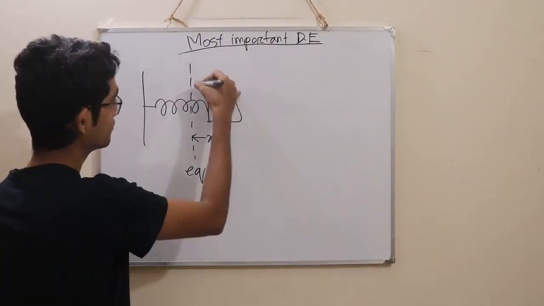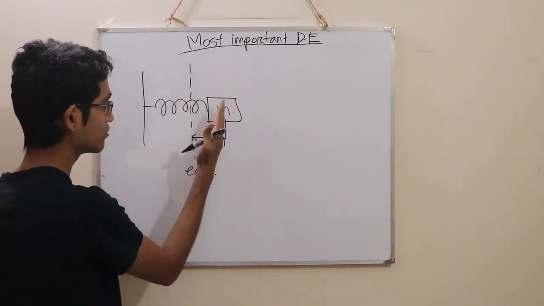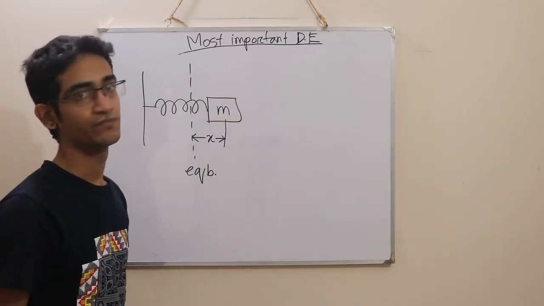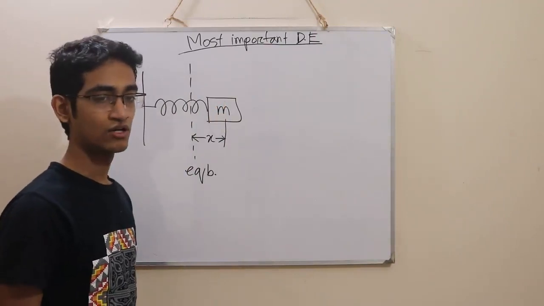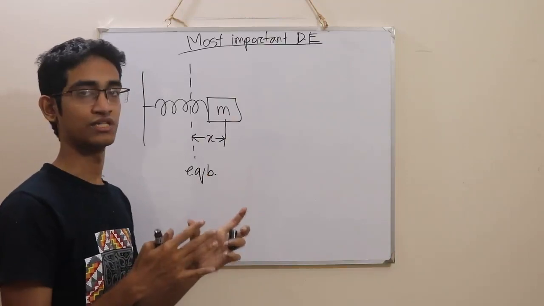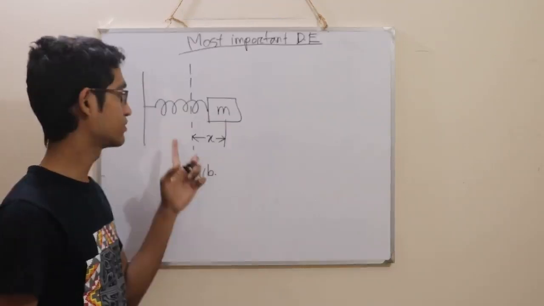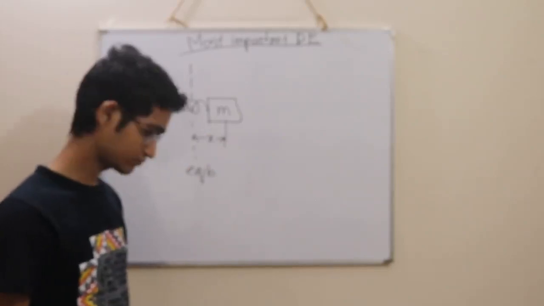Now that we have pulled it away, the spring will try to go back to its equilibrium position. And what will be the equation that describes the motion of this body now, depending on the spring?